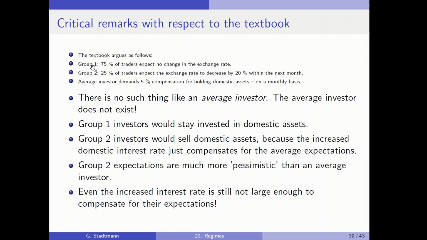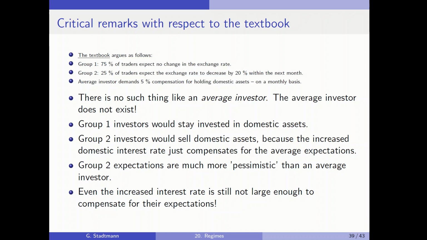There is group 1, where 75% of the traders expect no change in the exchange rate, while group 2, 25% of the traders, expect the exchange rate to decrease by 20% within the next month. Therefore, the average investor demands a 5% compensation for holding domestic assets on a monthly basis. This is the assumption made by the textbook.